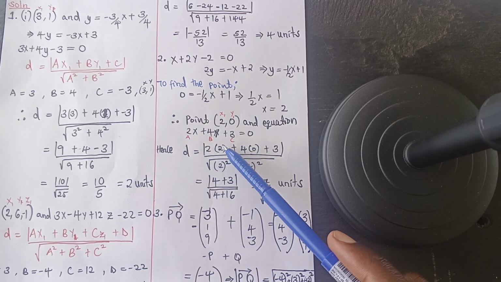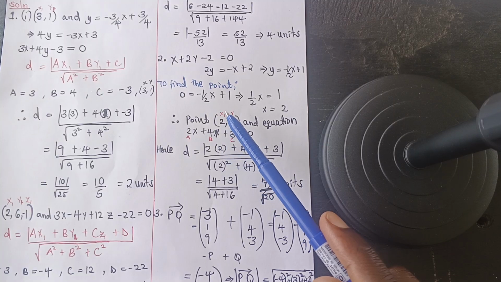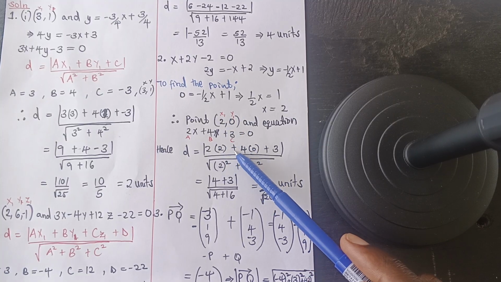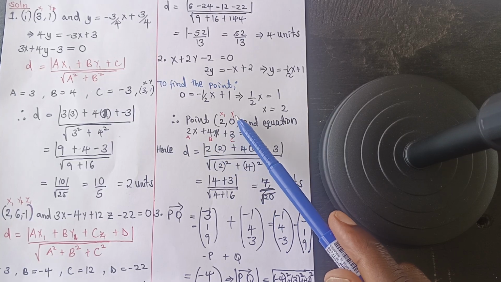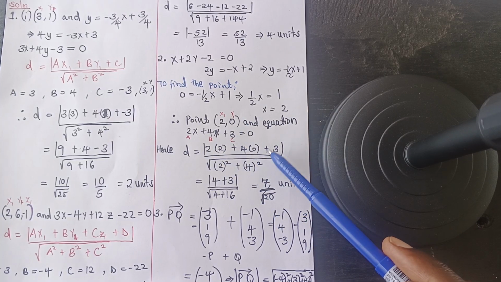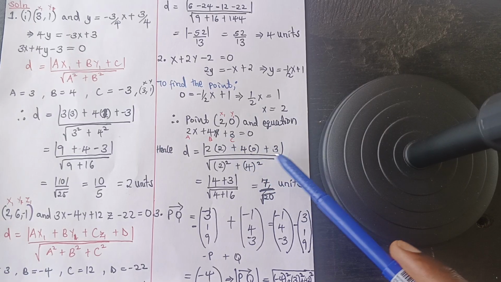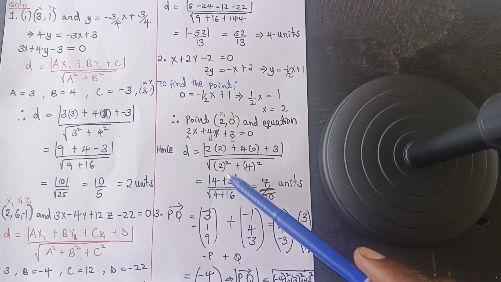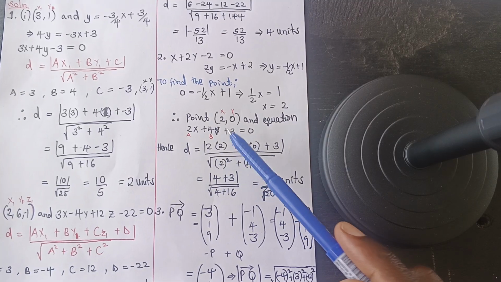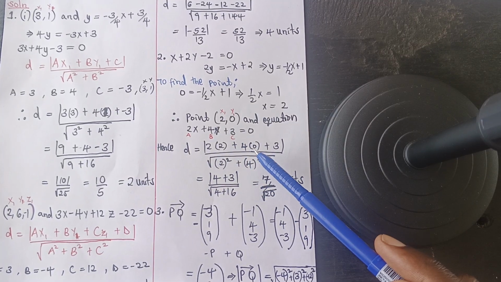We multiply by x1, which is 2. We add 4, which is the value of b, multiplied by y1, which is 0. Then we add c, which is 3, divided by the square root of a squared, which is 2 squared, plus b squared, which is 4 squared.